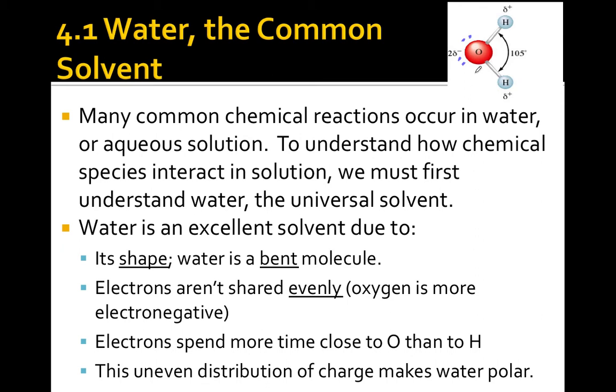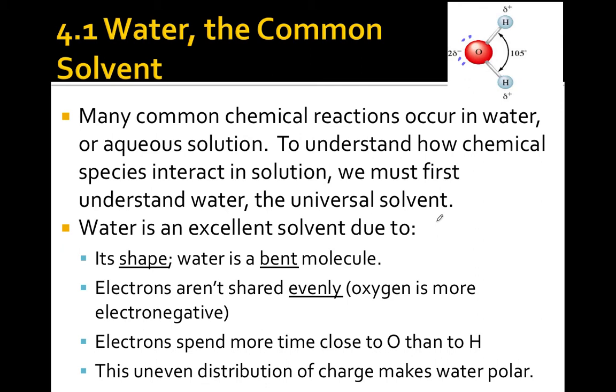Because of this, the electrons are not shared evenly. Oxygen is more electronegative, so the electrons in the bond are going to be pulled more towards oxygen than they would be to the hydrogen. And that gives us a partially positive charge on the hydrogen and a partially negative charge on the oxygen.